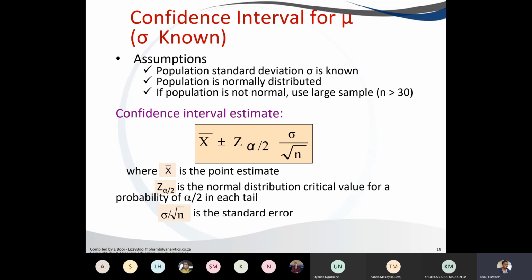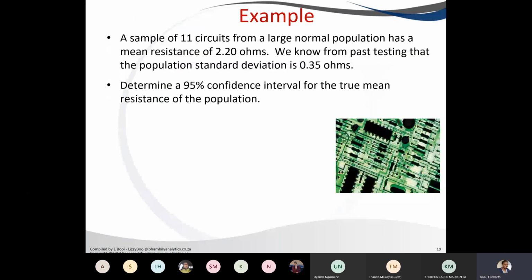All this information, except the critical value, they will be giving you in the statement that you're going to be solving. So let's look at an example. A sample of 11 circuits from a large normal population has a mean resistance of 2.0. We know from past testing that the population standard deviation is 0.35, and they mentioned it as the population standard deviation, so that you know which one you are working with.